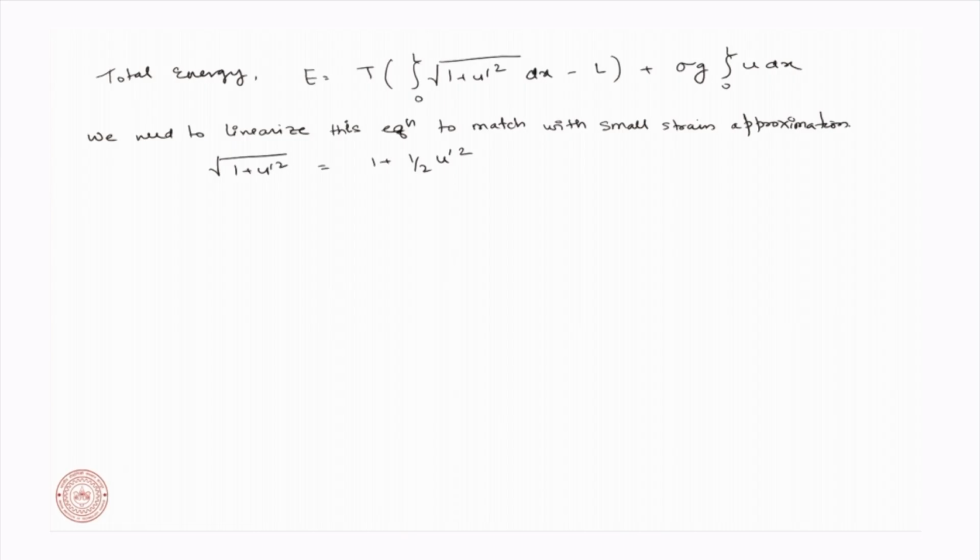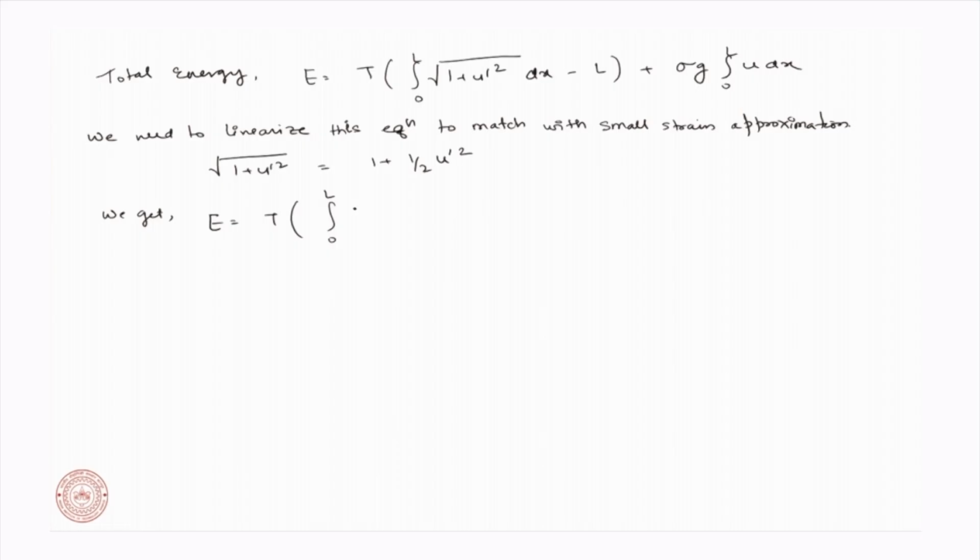Okay. So, if we substitute this back into our expression, we can get E is equal to, I will skip one step. So, this 1 plus 1 half of u prime square, this 1 integration over 0 to L dx will give you L. So, L minus L is 0. So, we can take that off.